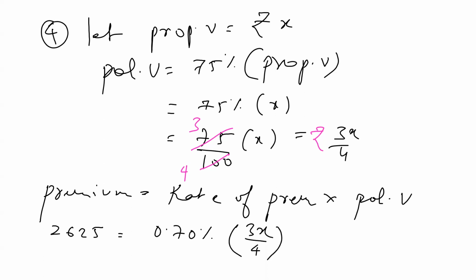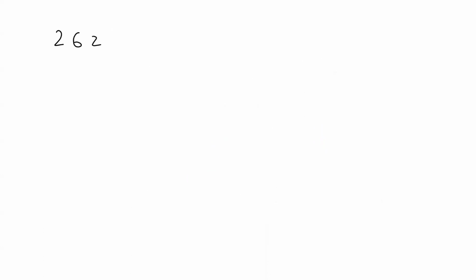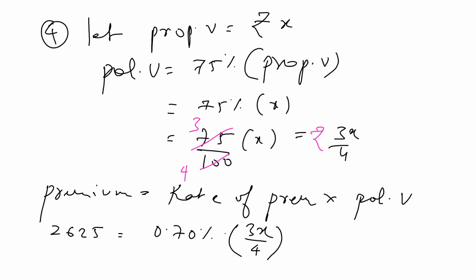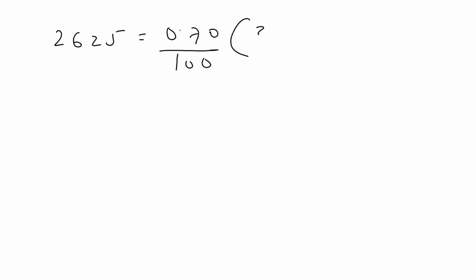Now you need to do this calculation very clearly. So 2625 is equal to 0.70 upon 100 into 3x by 4. So this percentage first I adjusted by writing upon 100, and this is 3x by 4.